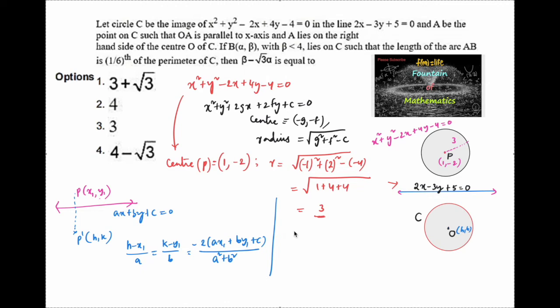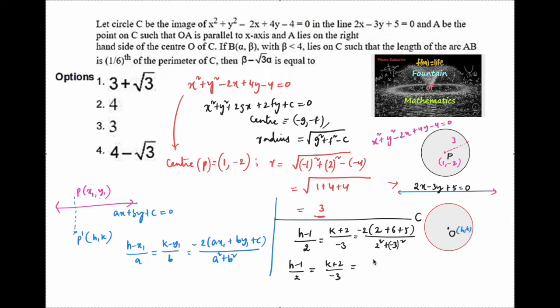So we can write h minus 1 upon 2 is equal to k plus 2 divided by minus 3 is equal to minus 2 times of 2 into 1, 2, minus 3 into minus 2, that is plus 6, and again plus 5, divided by 2 square plus minus 3 whole square, that is minus 2 into 13 divided by 13, so minus 2.